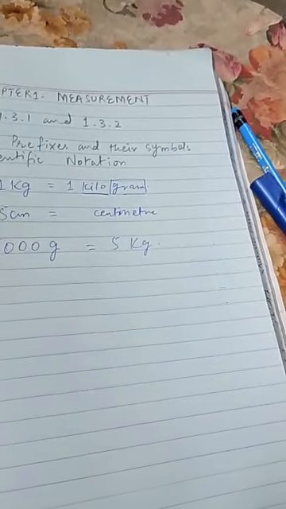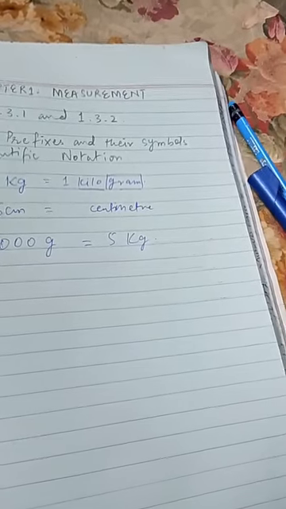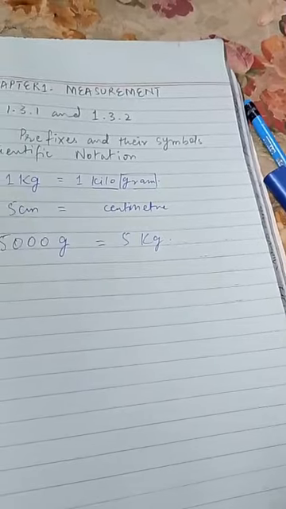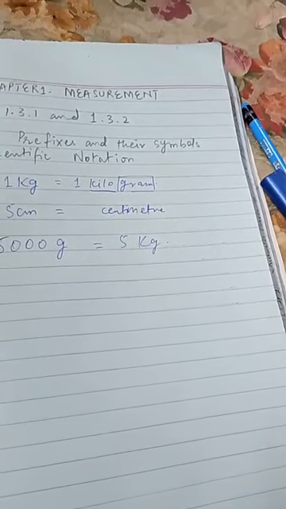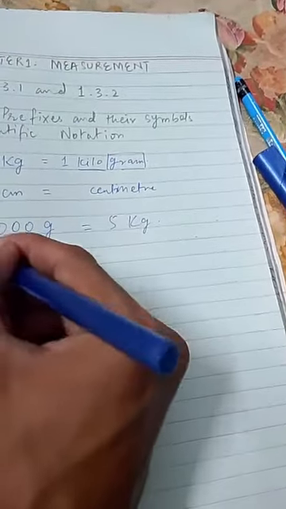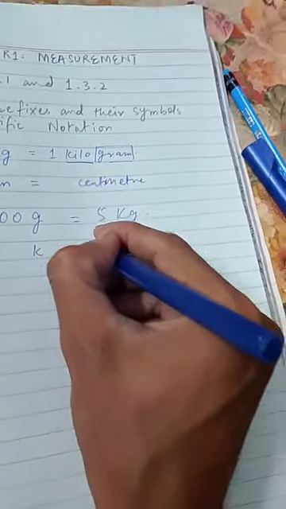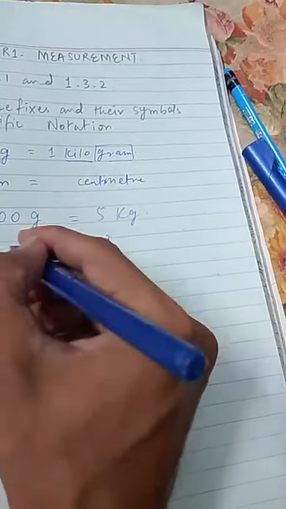So there is a very important table that you must remember, and I will share the picture of it in the description of this video. For example, kilo is indicated with K, and it shows 10 power 3.